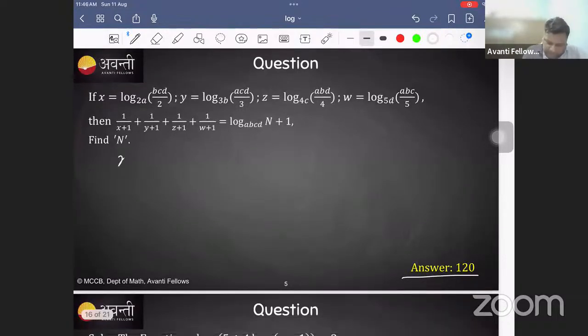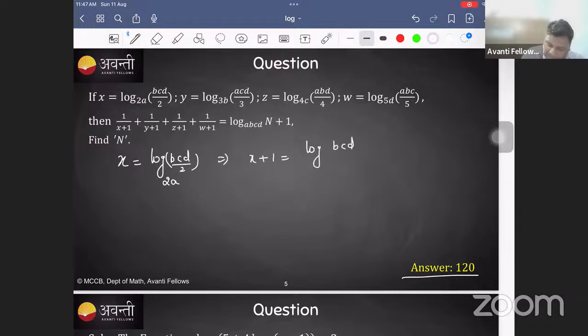See, X is given to you as log BCD upon 2, and the base is 2A. All right. So X plus 1 will be what? Log BCD upon 2 base 2A, and this plus 1 I can write as log 2A base 2A upon base 2.